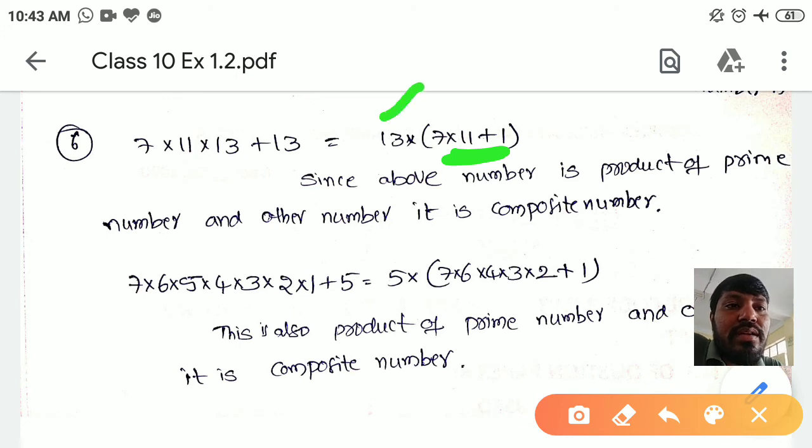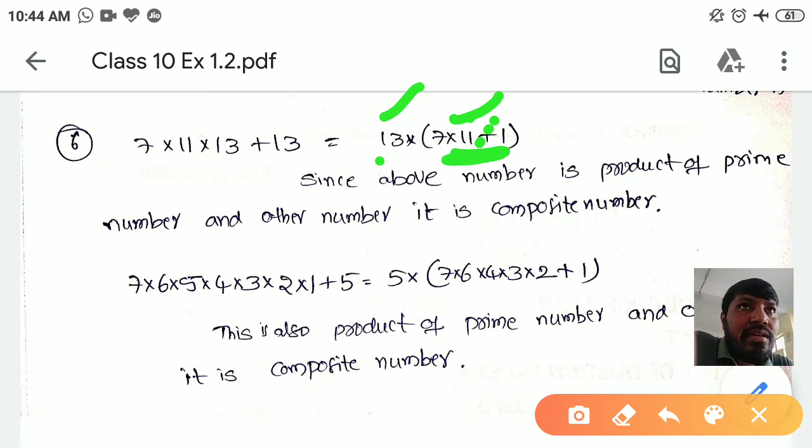This one, 7 into 11 plus 1, may be a prime number, may not be a prime number. It is not necessary for you to check. A prime number into any number will become a composite number. If this one is a composite number, it can be written as a product of primes by using the fundamental theorem of arithmetic. So if you have a product of a prime number and any other number, it may be composite or prime, but the product of one prime number with a factor that is not equal to 1 is a composite number.